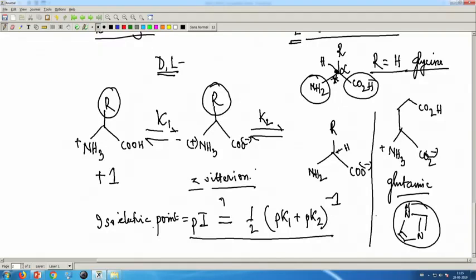Proteins are made up of a combination of L alpha amino acids, except glycine. Glycine does not have chirality, and they join together through bonds, which we will talk about. They are joined together by amide bonds and give different varieties. You have 20 amino acids, so there are different permutations and combinations you can make, and that makes the diverse array of proteins present in the body, with different functions.